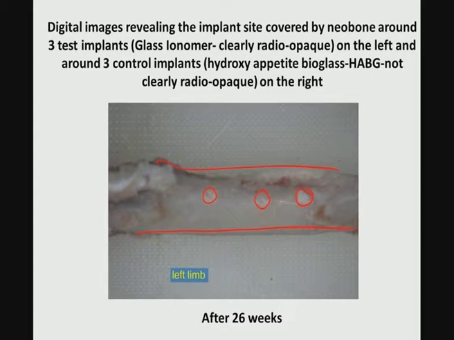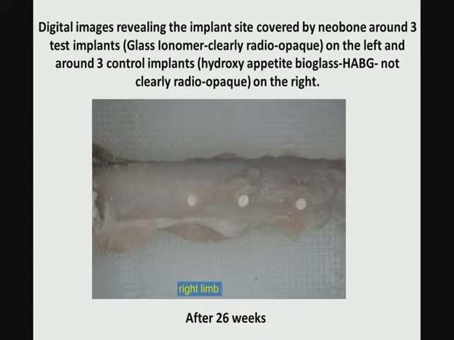It shows some first indication or first reflection of the osseointegration of these materials. This is more clearly seen because one is radio opaque and one is not radio opaque. You can see these 3 implants very clearly along with this femur, and you can see that there is no obvious gap or discontinuity around the implant. This is the right limb.